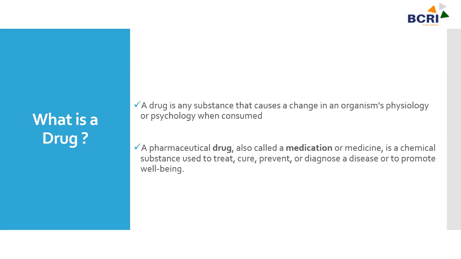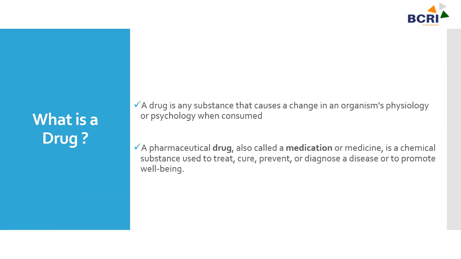If you have fever and you take Crocin, then you start feeling better, right? Your psychology changes: okay, fine, I had fever, my fever is reducing, now I am well, I can go about and do my work. That is also there. But if you are taking cocaine, marijuana, or brown sugar, that will also change your psychology, the state of your mind. Yes, that is for the worse, but still that is a change in your psychology.